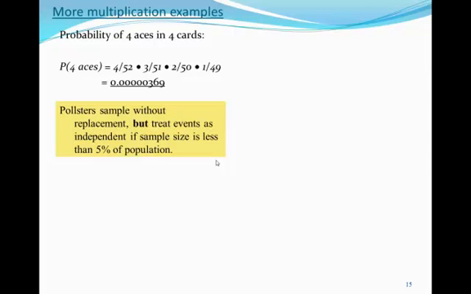The probability of getting the second ace is 3 over 51. The probability of getting the third ace is 2 over 50. And the probability of getting the last ace will be 1 over 49. You multiply all these probabilities together and you get the answer. Remember, it's without replacement when you apply the multiplication rule.